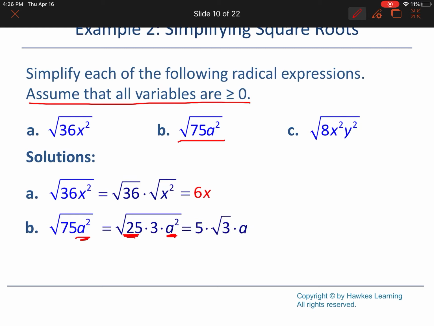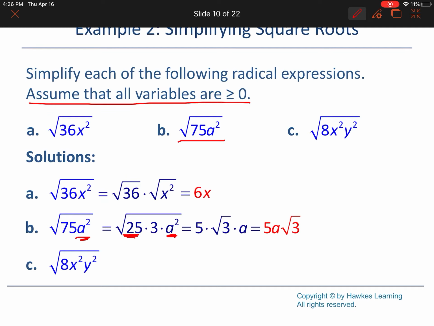And so now we just look at those, right? So square root of 25 is 5, square root of 3 is square root of 3, and square root of a squared is a, right? Now we would write it in a nice order so that we typically write the radical last and the numbers just in front of it, or the variables that are under the radical.